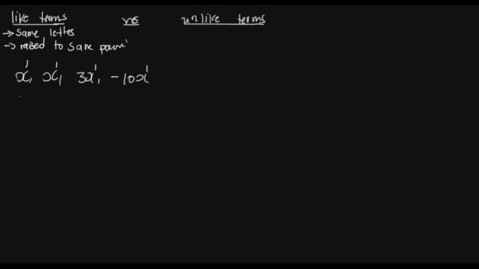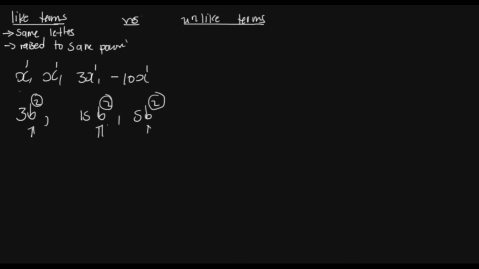Now the other way, if maybe we have 3b squared, 15b squared, then let's say 5b squared. Even these are like terms because we have the same variable b and they are all raised to the same power 2. So the first point that we need to have in mind is the like terms.